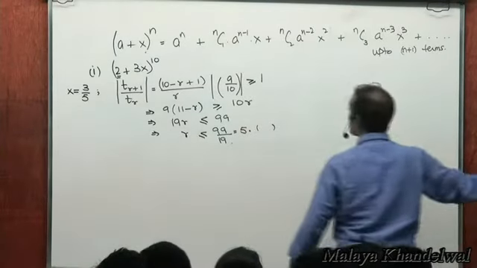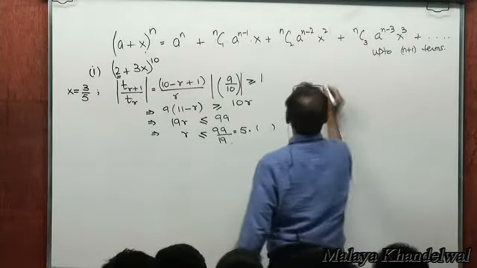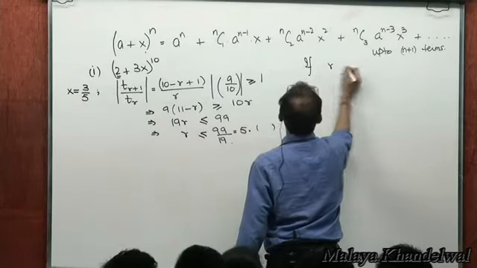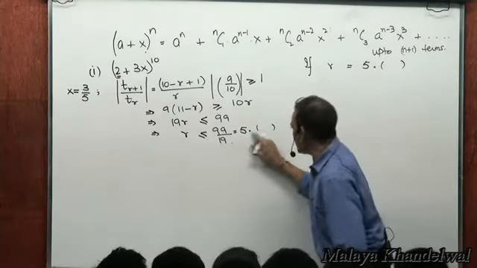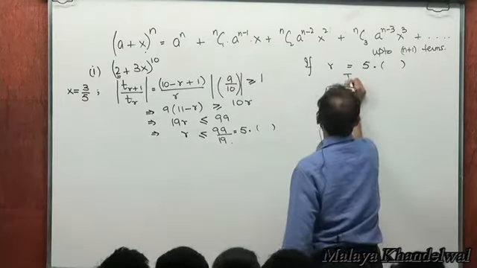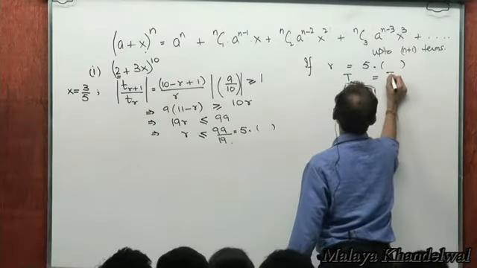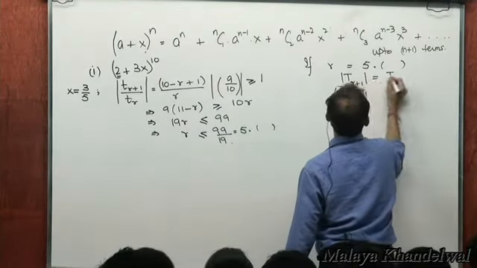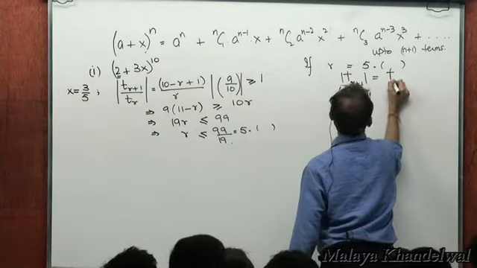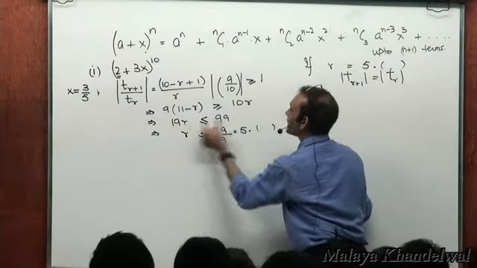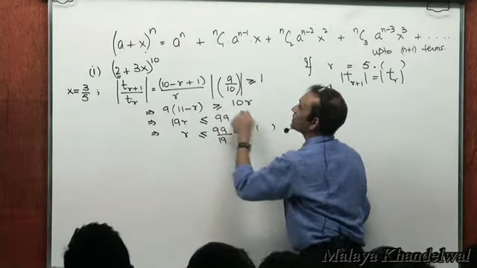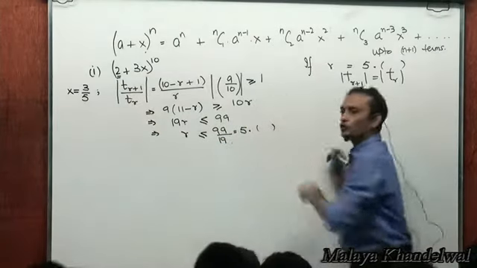Now I must tell you that for r equal to 5 point something, T(r+1) would have been equal to T(r). Mod T(r+1) would have been equal to mod T(r). When r becomes equal to this, mod T(r+1) will become equal to mod T(r).